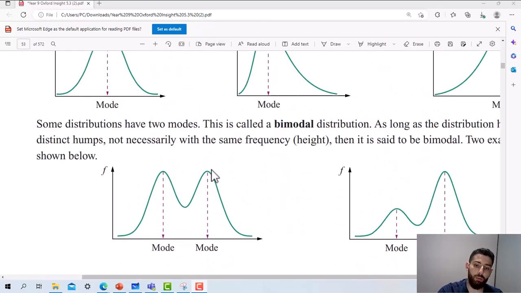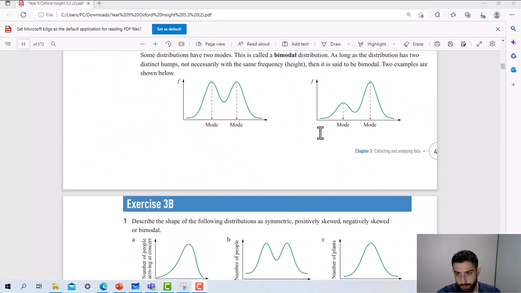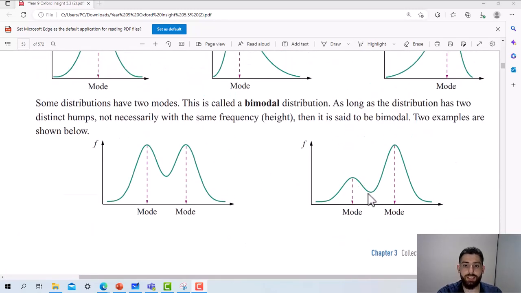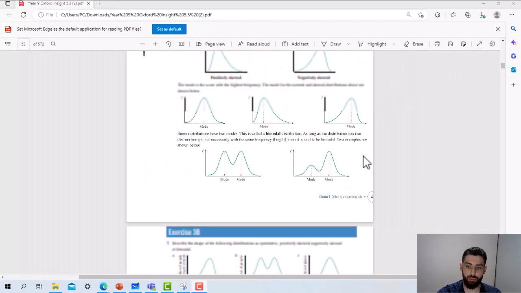There can be one or two, more than one mode, or more than one higher frequency. So you see in that example we have two modes. That's when it's called a bimodal distribution. The modes don't necessarily have to be the same. So here in this example, the second mode is larger than the first mode.